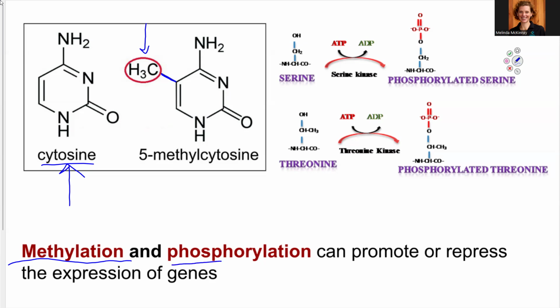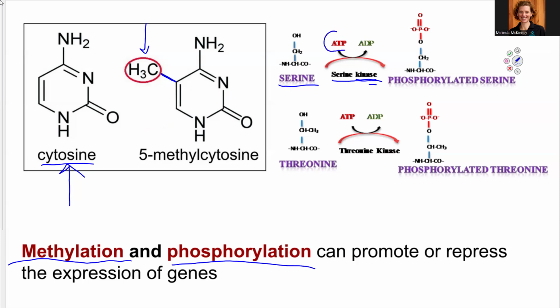We also learned about phosphorylation previously, and phosphorylation of the histones is also associated with epigenetics. Here, serine is an example. A serine kinase, remember, kinase, ASE on the end means it's an enzyme. And in this case, it's adding a phosphate group.